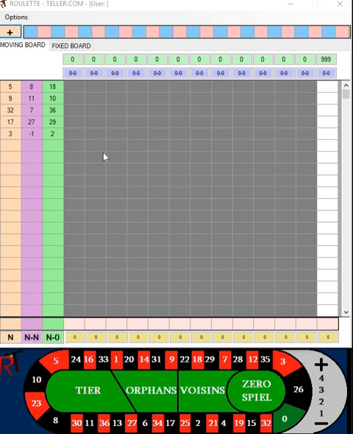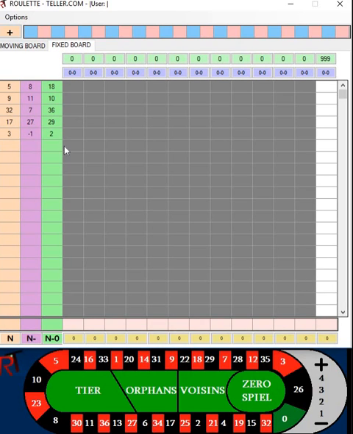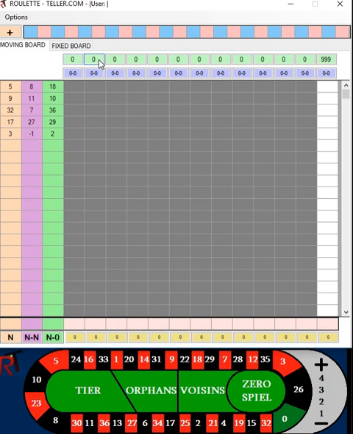Now let us move on to the boards. Here we have two boards. Moving board, which identifies the range of numbers in NN system, and we also have fixed board, which identifies range of numbers in N0 system. Now let us start filling the moving board. We will start with the first line, which identifies number of your desired spins from 1 to 999 in the column beneath it.